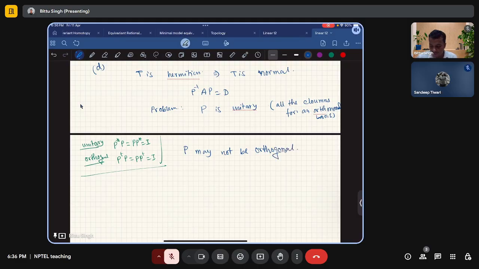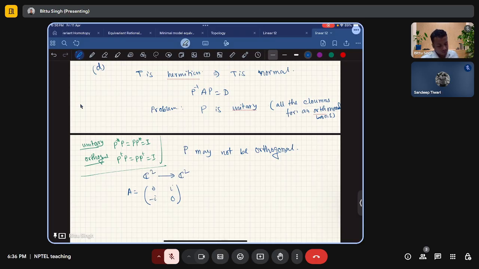So let me give a counter example. Choose A to be the matrix 0, i; minus i, 0, with the standard basis. I am considering a linear operator from C2 to C2, with the standard basis.